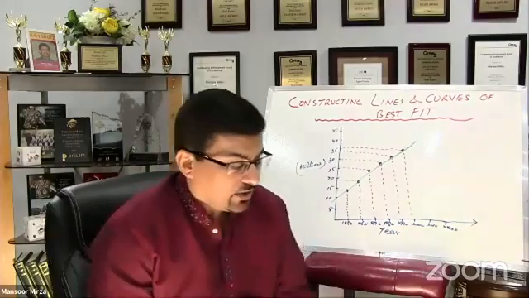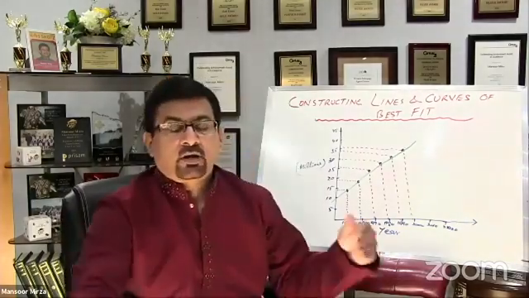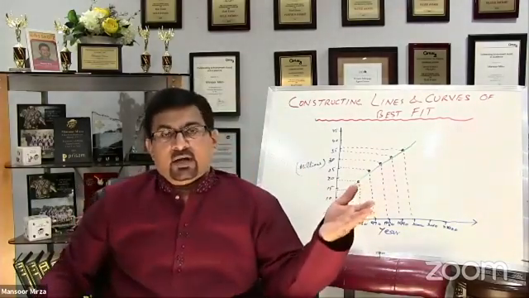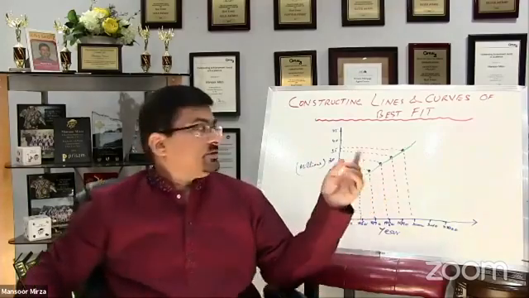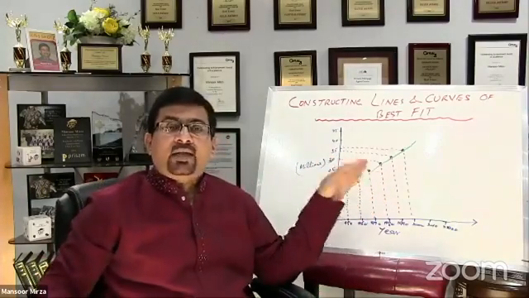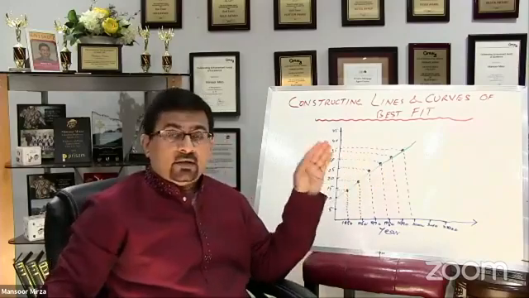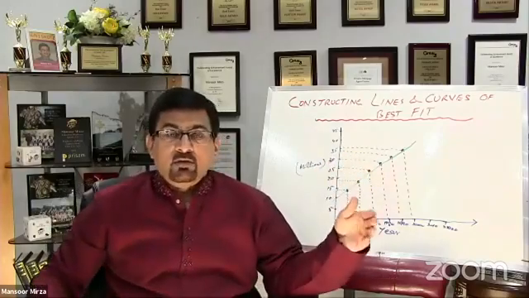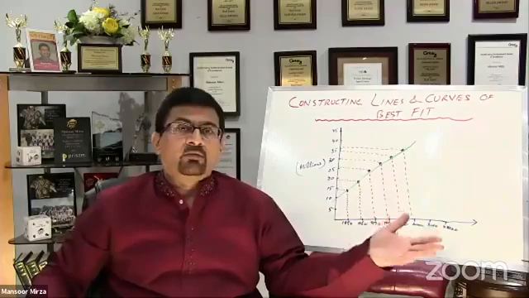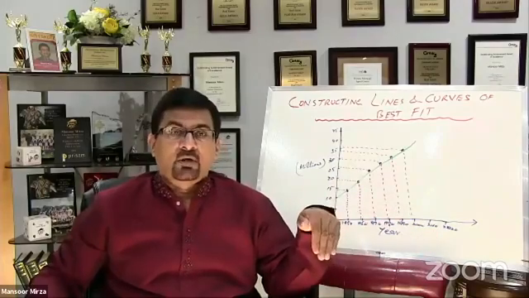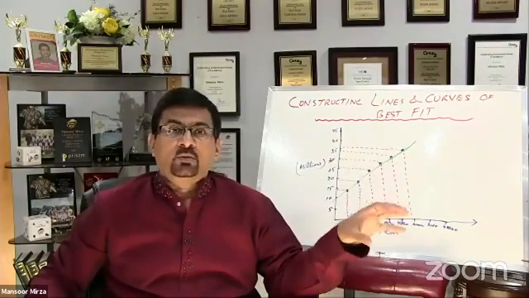Just like in linear relations, the points are not coming exactly on the line. When we draw the curve, you might see that some of the points are not on the curve, but the majority of the points are going to be on the curve.